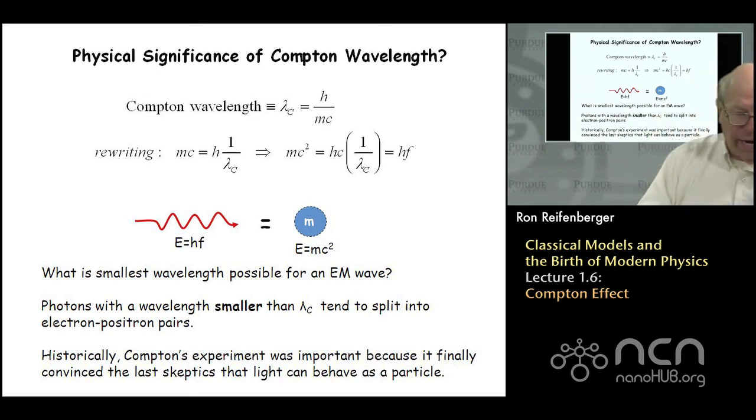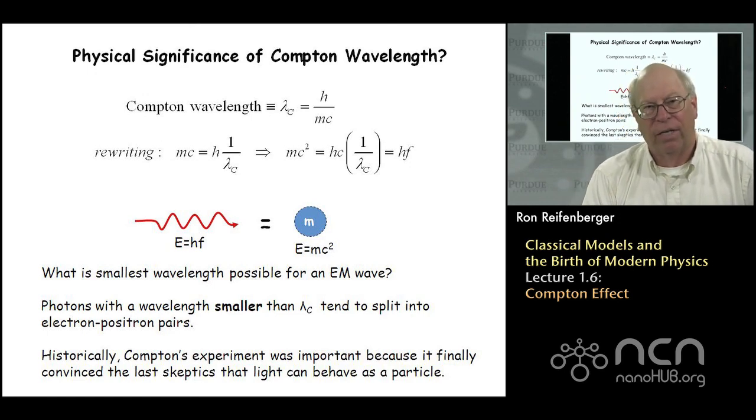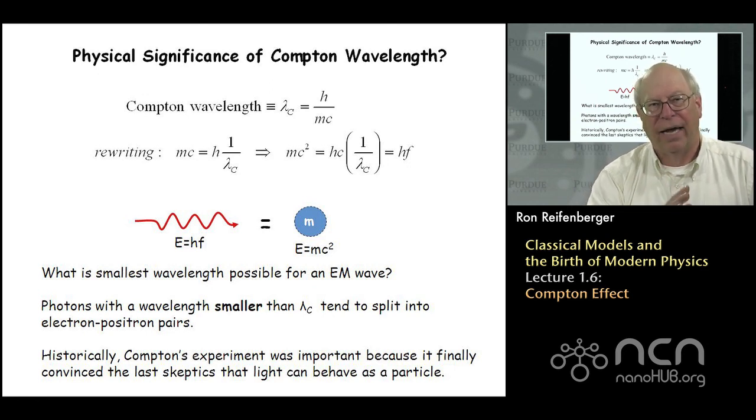The last point I want to discuss is why, historically, Compton's experiment is so important. The answer is it was really the experiment that convinced the last skeptics of the photon theory of light. You recall photons are packets of energy.